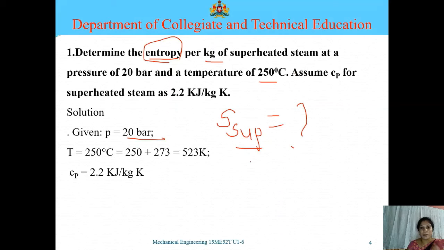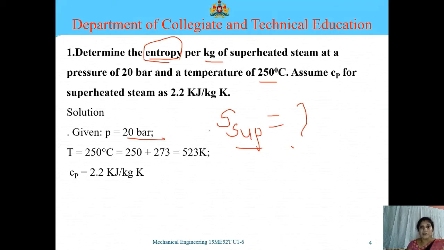I have told you in the previous session itself, if I want to calculate the entropy, then I need to keep the temperature in absolute scale. The absolute scale means we need to keep the temperature in terms of Kelvin.